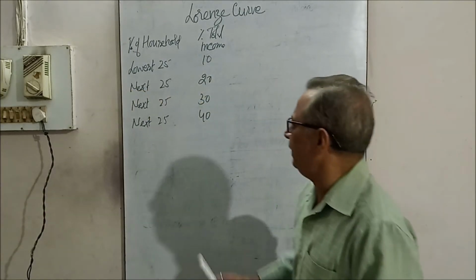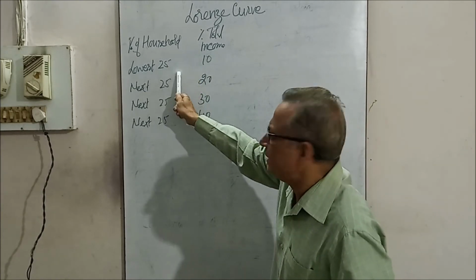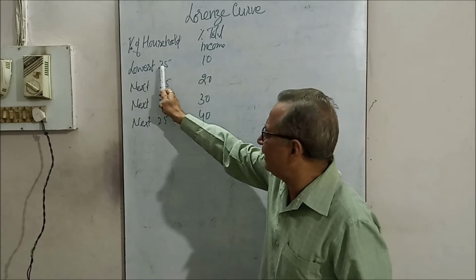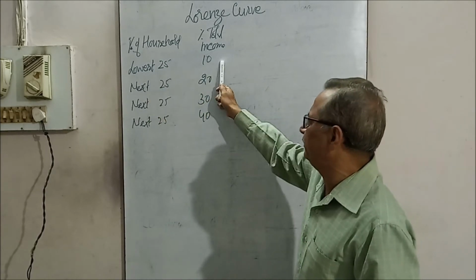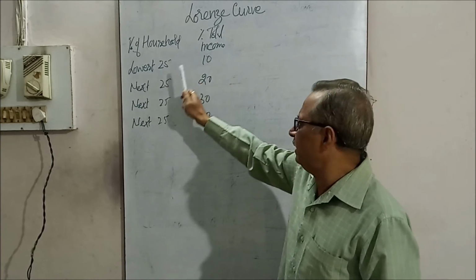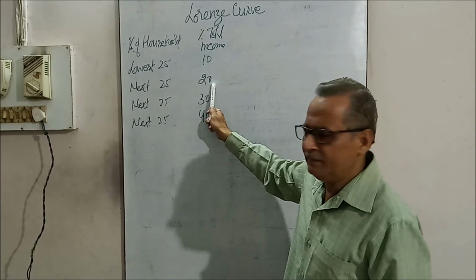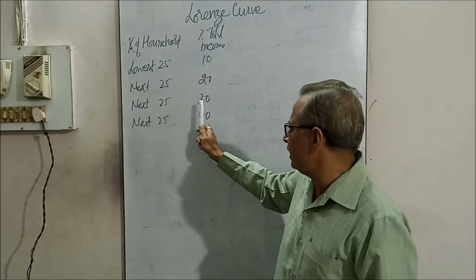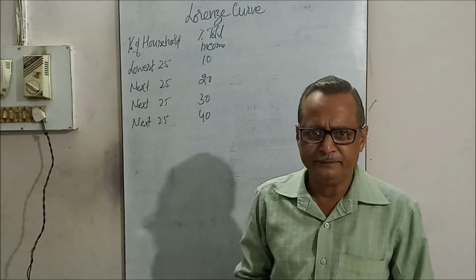What is the meaning of it? The lowest 25% of households are getting 10% of income. The next 25% are getting 20% income. The next 25% are getting 30% income. The next 25% are getting 40% income.